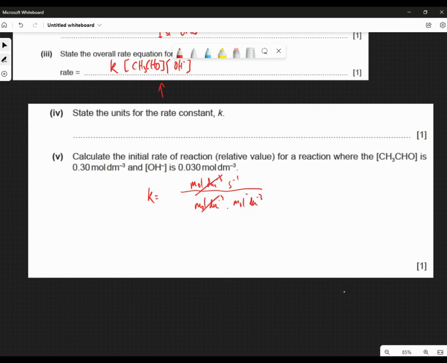One of those cancels out with one of those to give me per second on the top. Moles has to come up at the top, so that becomes moles to the minus 1. Decimeters to the minus 3 must come up, so that becomes decimeters cubed. Okay, so they're the units of the rate constant: moles to the minus 1, decimeters cubed, per second. All right, that's how I do that.